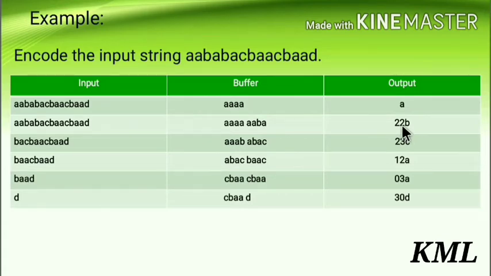Whatever length you get here, you shift the buffer to the left by that length plus 1 positions. The length is 2, so you shift by 2 plus 1, that is 3 positions to the left. So in the next step, after shifting by 3, these 3 go out. Now what is remaining? These 5 letters.